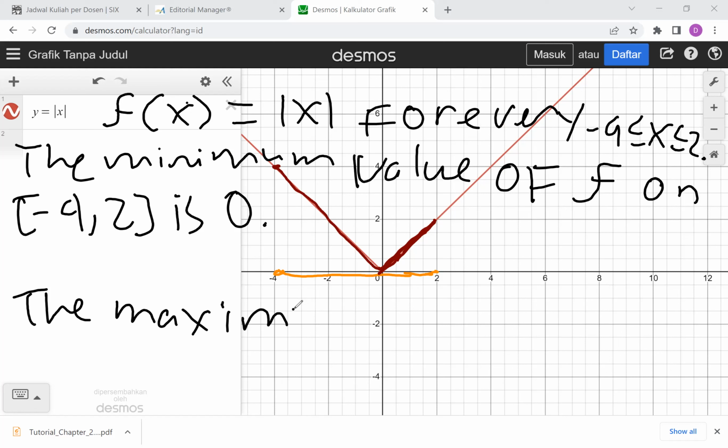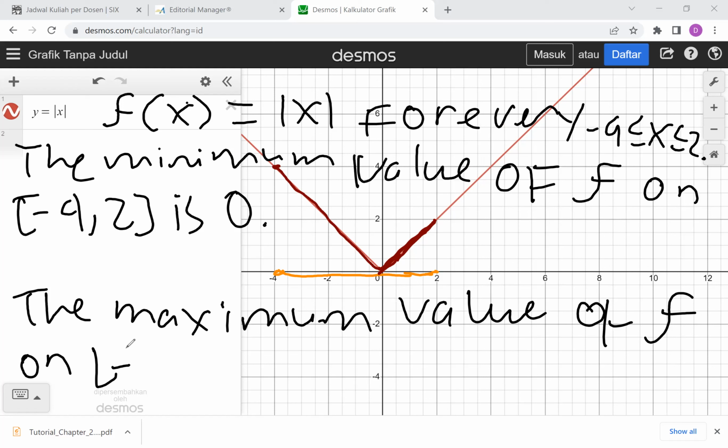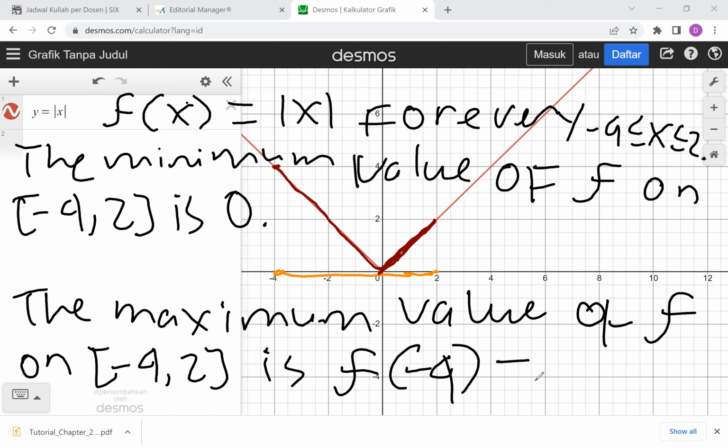The maximum value is 4, right? The maximum value of f of x equals the absolute value of x on the interval [-4, 2] is f(-4), and that equals the absolute value of -4, which is 4. From the picture, it is the highest point on the curve, at (-4, 4).